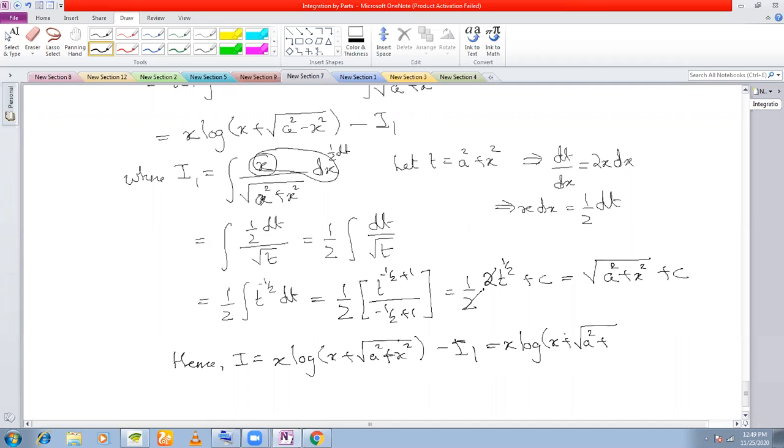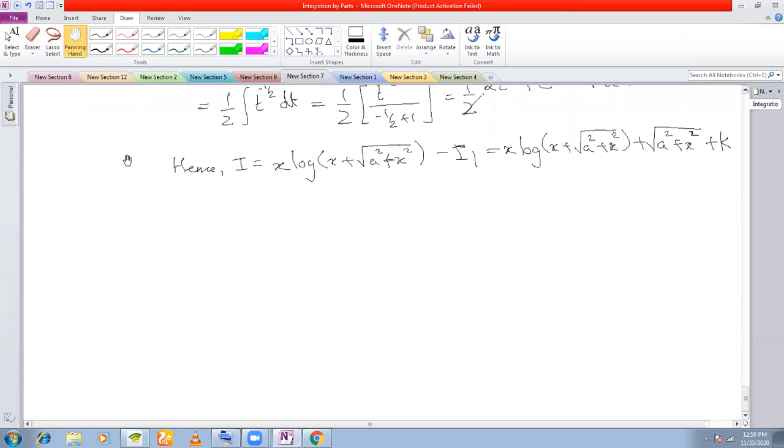So I is x log (x plus root of a square plus x square) minus root of a square plus x square, plus a constant. You can give a c or you can give a k, whatever. Just a different constant of integration because we are integrating twice. Whether you give a c or a k, definitely don't forget to give a constant.